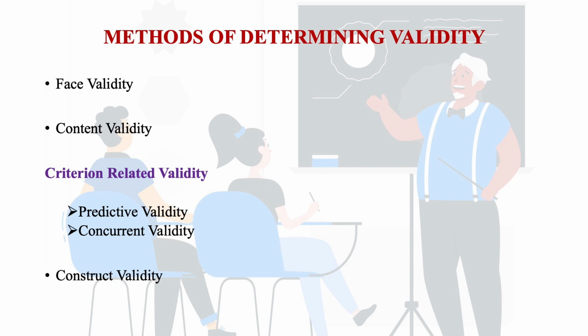The other methods are construct validity and factorial validity. So friends, very briefly we will discuss all these 5 methods for determining the validity of a test. Now let us focus on the first method, face validity.